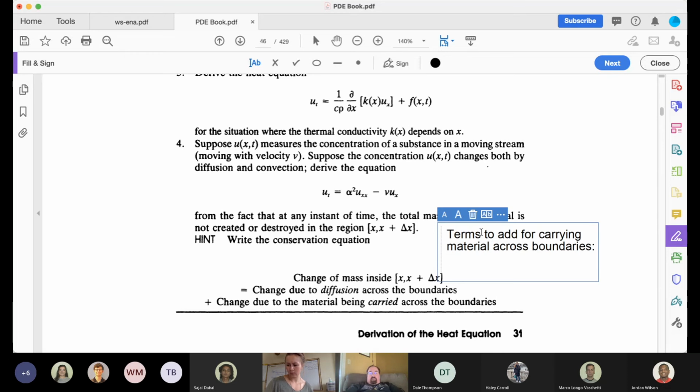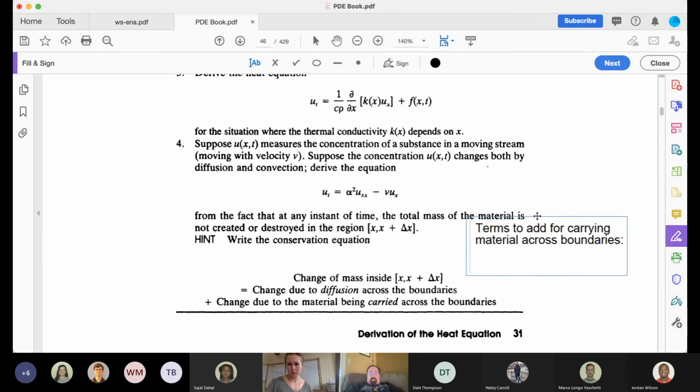So for a term moving through the left boundary, you want to account for the left boundary and the right boundary.